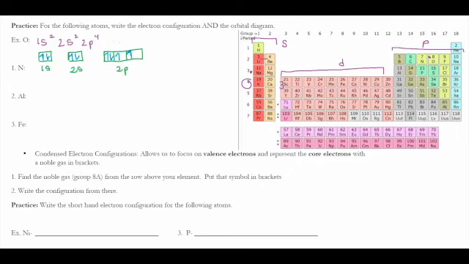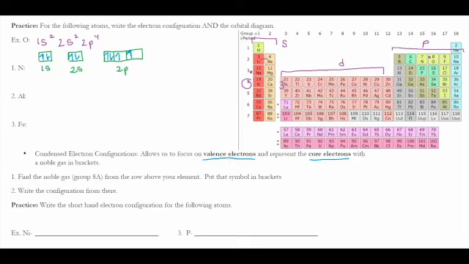Now, if instead of writing out this whole electron configuration, I want to write out the condensed electron configuration, or the shorthand, what that allows me to do is focus on the valence electrons, and represent the core electrons with a noble gas in brackets. So that brings up the question, what are valence electrons, what are core electrons?